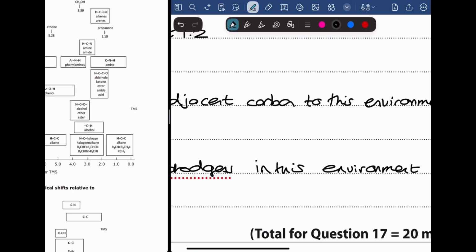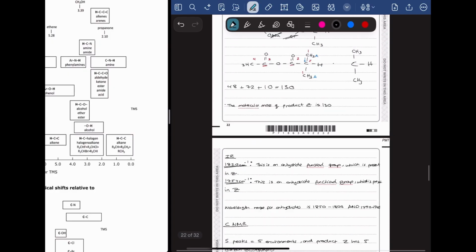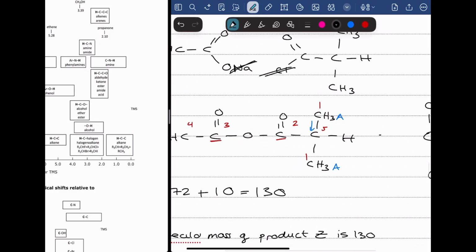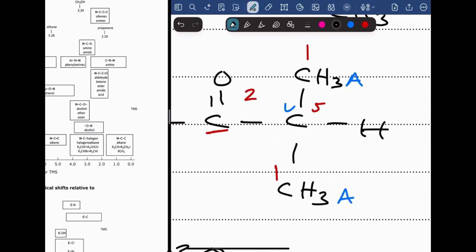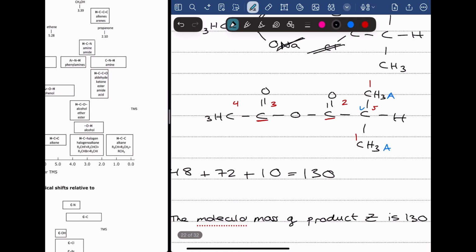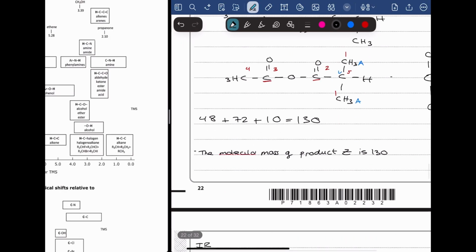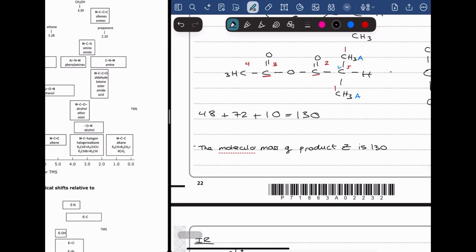Okay. So now we can look at our product again, and we can gauge what peak this represents. So we said that the adjacent carbon to this environment has no hydrogens attached to it, and this environment has 3 hydrogens.